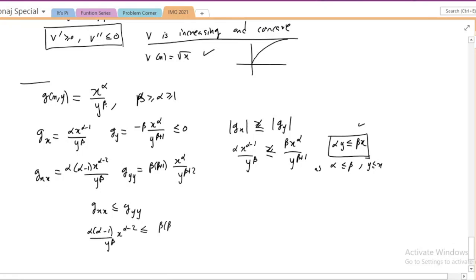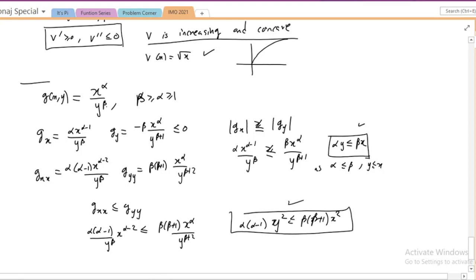Based on the range of values we're dealing with, these are both positive, so you just assume y is not 0. Cross multiply, that gives this, y squared, x squared. So this is also true, since beta is already greater than or equal to alpha, they're positive. Beta plus 1 is strictly bigger than alpha minus 1, then x squared is bigger than y squared, so this works.